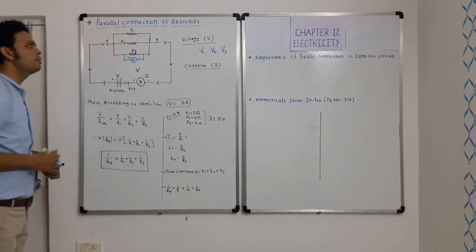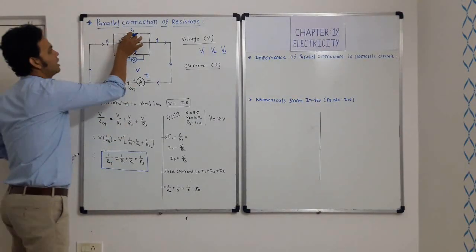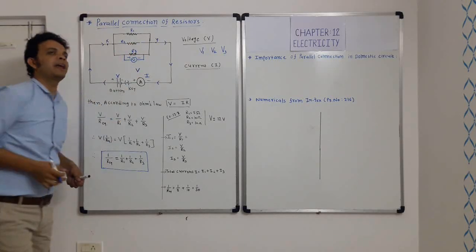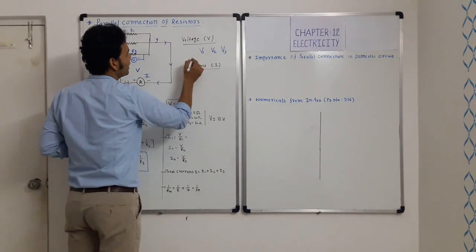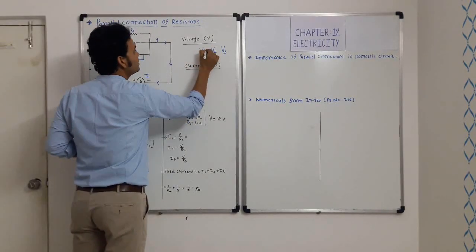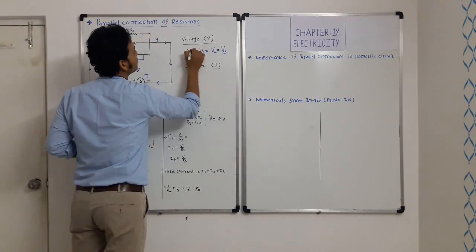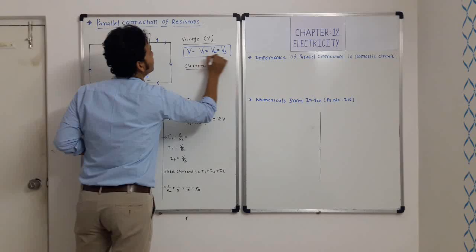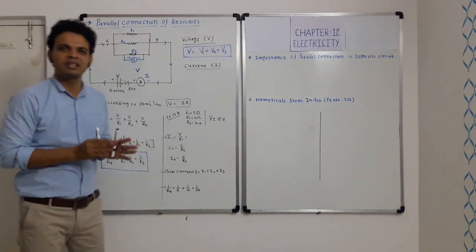Okay, so what we have done is measured the voltage across R1, across R2 and across R3, and the conclusion we derive from it is that V1 is equal to V2 is equal to V3 is equal to V. That means here the potential difference or voltage does not change.